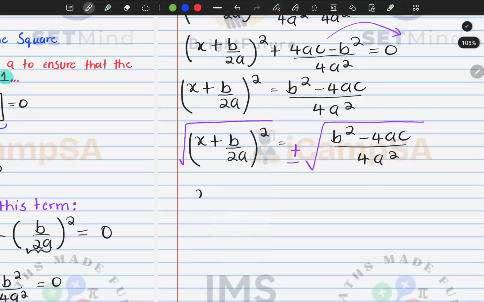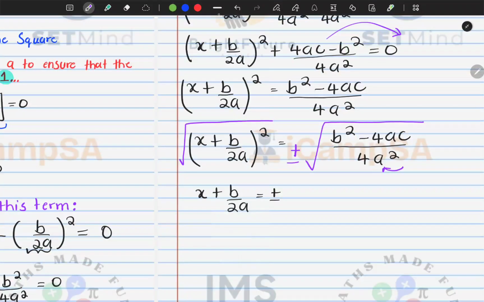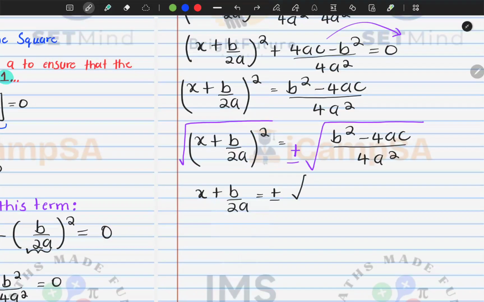So this means what we now have is x plus b over 2a equals, if you observe carefully, plus or minus. I need you to remember that whenever you're looking at a square root, there is also a square root on the denominator. So it will be a square root on the numerator, which is b squared minus 4ac, but it will also be a square root on the denominator.